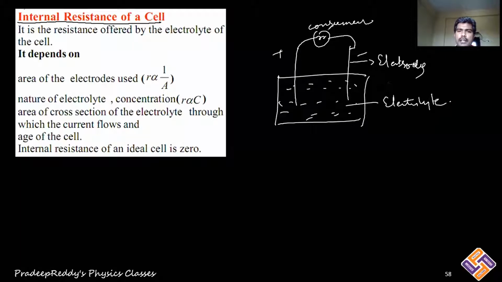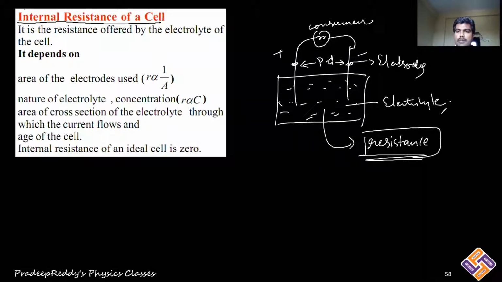Now as you are connecting a bulb, this will offer some potential difference. You should not call it EMF, you should call it potential difference because the cell is in use. Now what actually happens here is, when you are connecting two terminals, the current which is flowing through this cell, definitely there will be some resistance offered by this electrolytic solution.